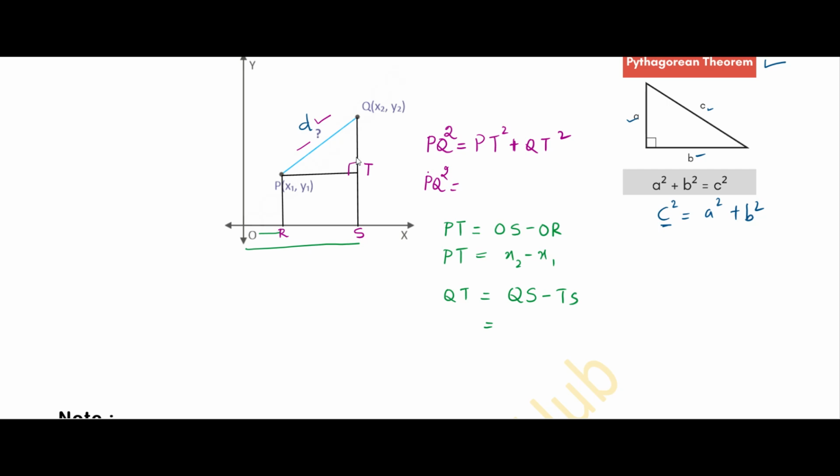The distance of point Q from the x-axis, and TS is the distance of point P from the x-axis, that is y2 minus y1. Now we have got the distances PT and QT. PT is nothing but x2 minus x1 whole square. QT is y2 minus y1 whole square.